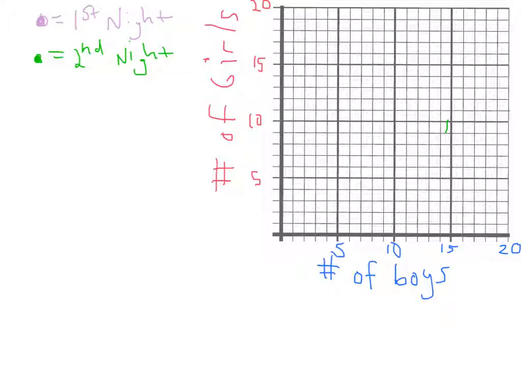Okay. The first night, the equation was 10b plus 5g equals 100, and we said that if there's 10 boys, there were 0 girls.